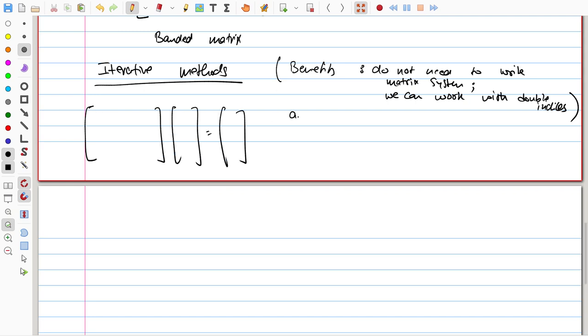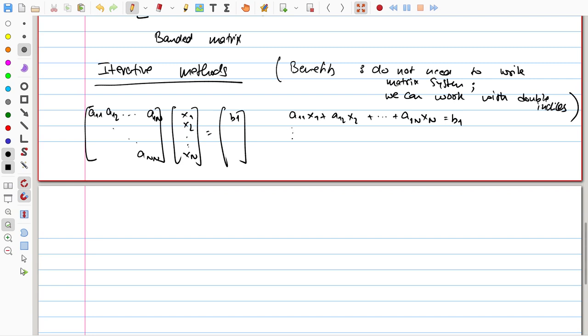So, the equations you have, let us say, are A11 x1 plus A12 x2 plus dot dot dot, and then A1n xn equal to B1. Okay. Similarly, you will have coefficient up to Ann.